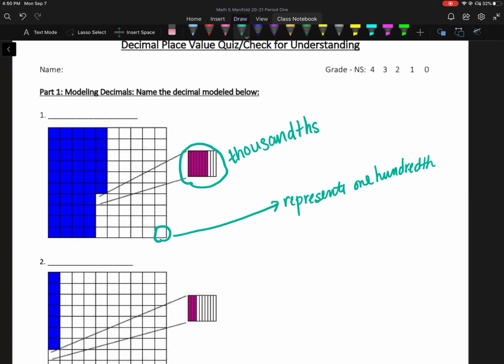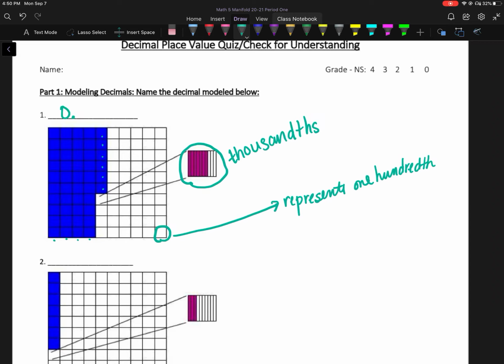So in this case, if I look at my first number, I've got 1, 2, 3, 4 full rows of blue squares filled in. So that would be 40 hundredths or 4/10. And then I've got 1, 2, 3, 4, 5, 6 filled in.